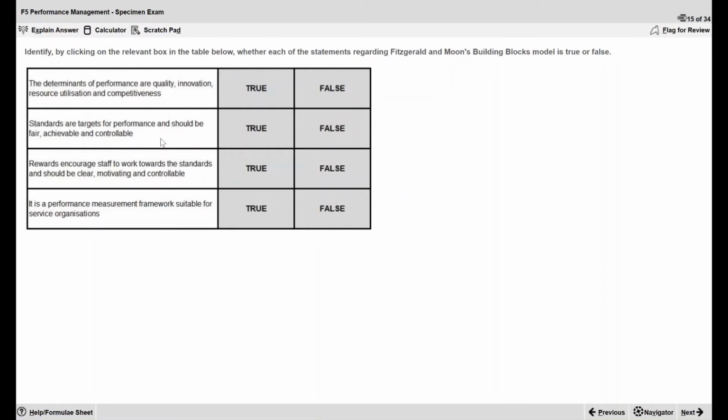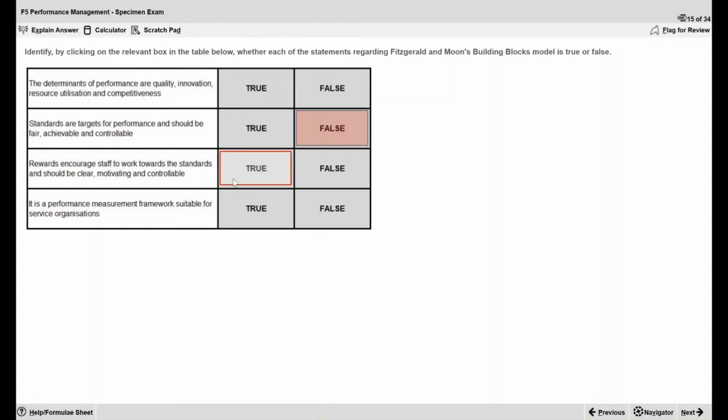Controllable is relating to rewards. So when we have rewards, we should be able to control the rewards. So other than the controllable part, this one is true, but it's false because it has that control. Even if one element, even if one word is wrong in the whole sentence, the sentence becomes wrong.